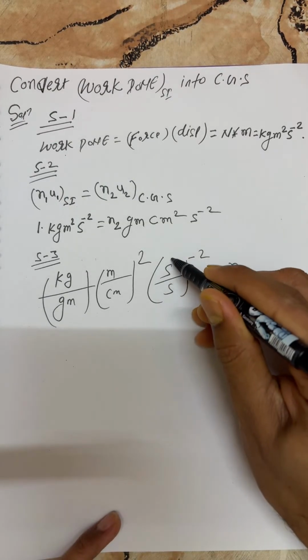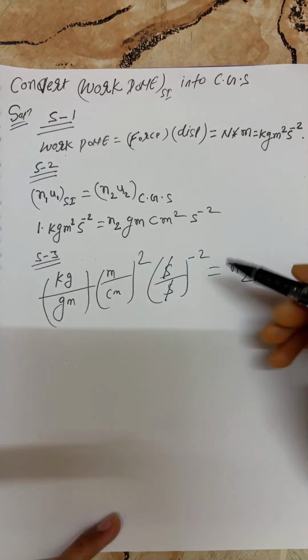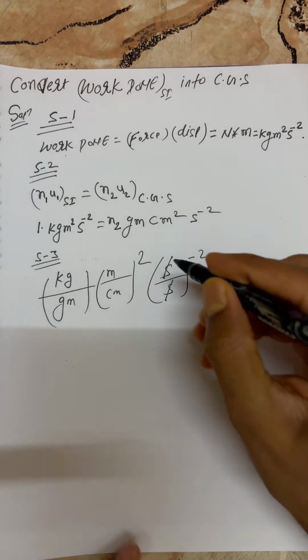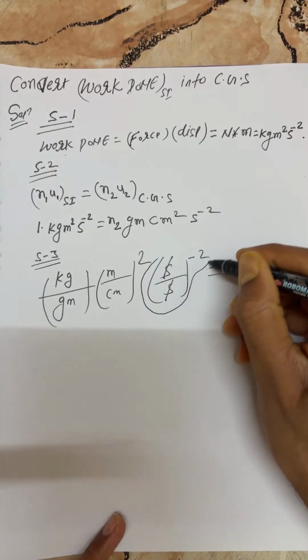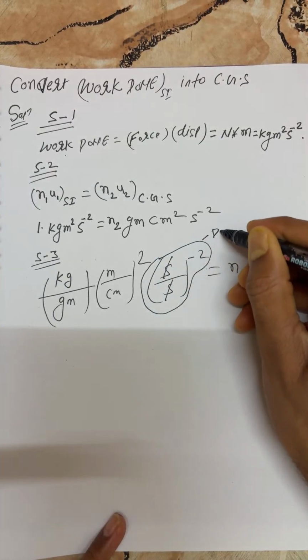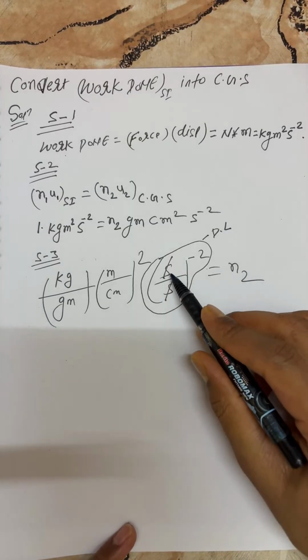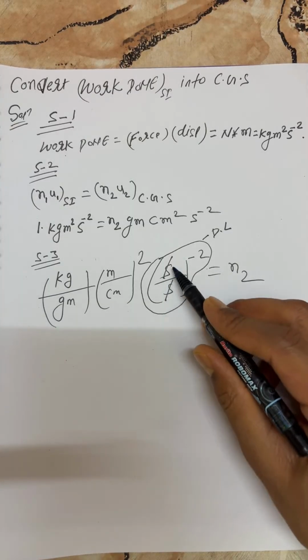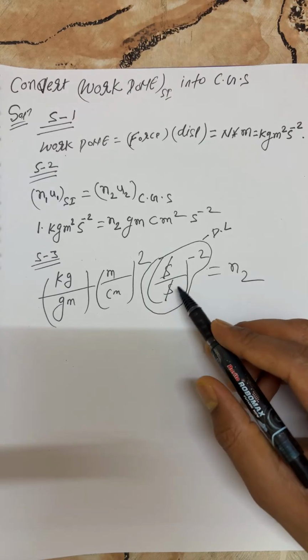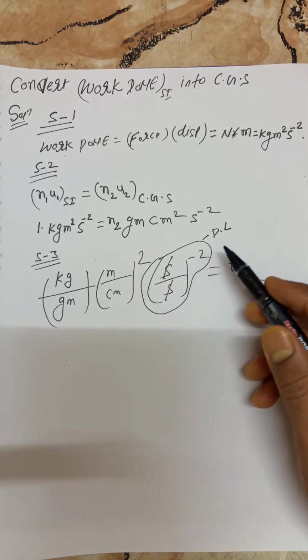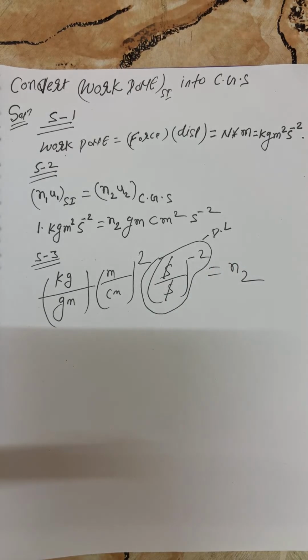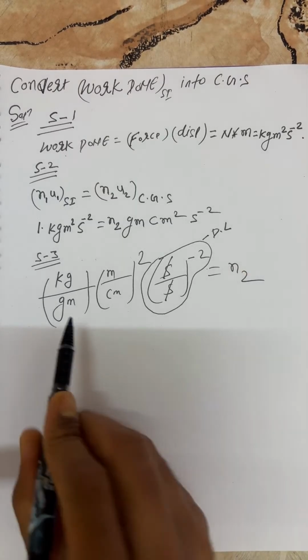Now the second term is 1 to the power something, which is dimensionless. So this term is dimensionless.